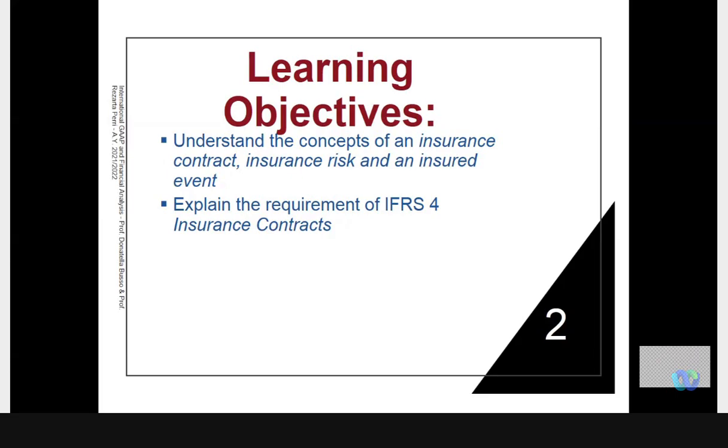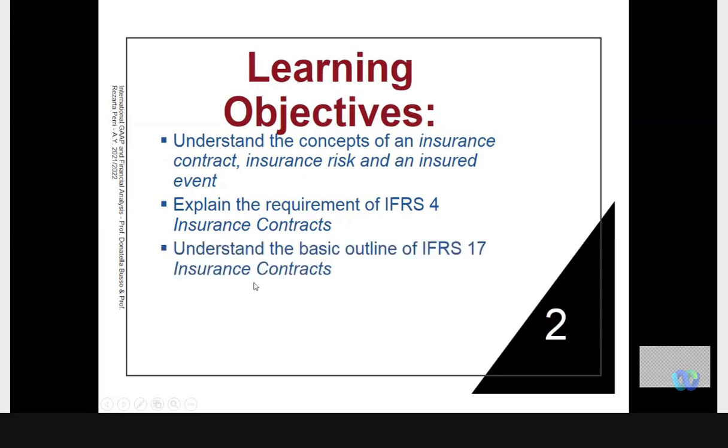It's not effective yet. Many companies have had difficulties in applying this standard, and therefore the board has further postponed it for later. Next, we need to know and understand the basic outlines of IFRS 17.